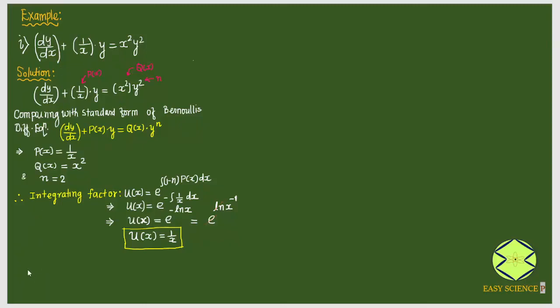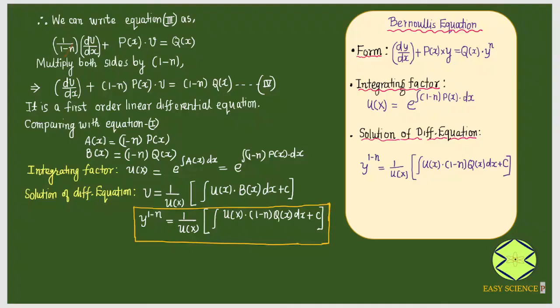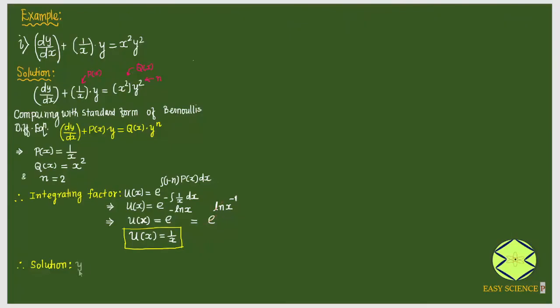Therefore, the solution is given as, as we know the result we have already written, y raised to 1 minus n equals 1 over integrating factor times integration of u of x times 1 minus n q of x dx plus c.